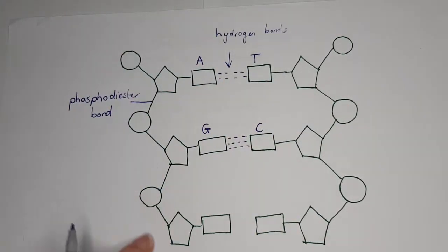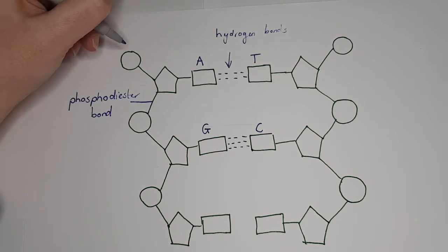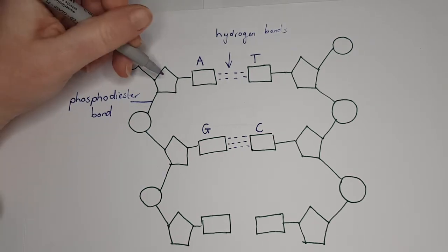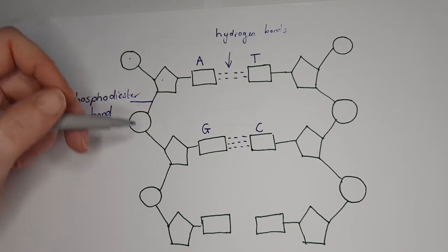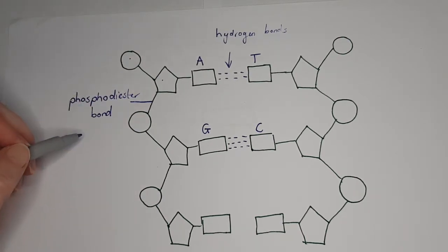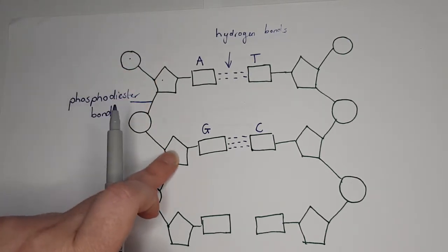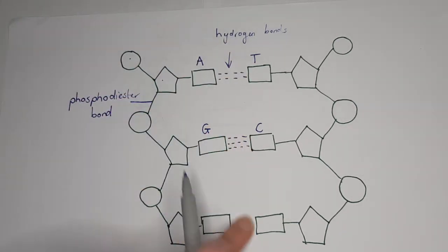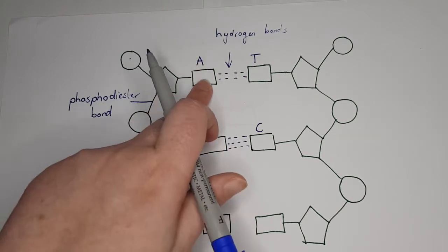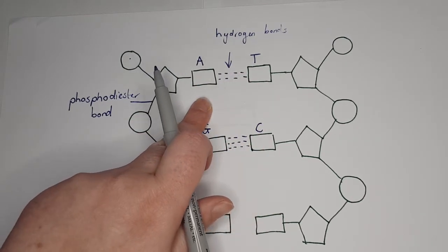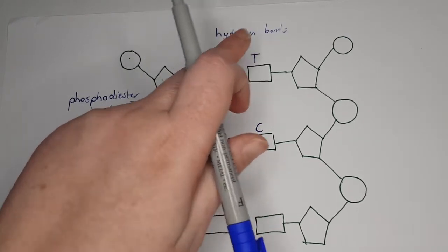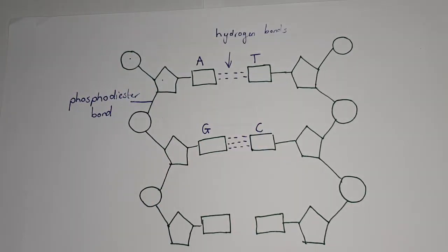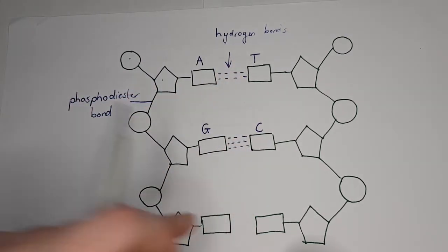So that would then be our structure of DNA, with your phosphate, your sugar, and your base all linked to each other by a phosphodiester bond to create what we call over here a sugar phosphate backbone, held together in the middle by the bases, which we call complementary base paired, because A is always with T and G is always with C. So those are complementary base pairings held together by hydrogen bonds in the middle.